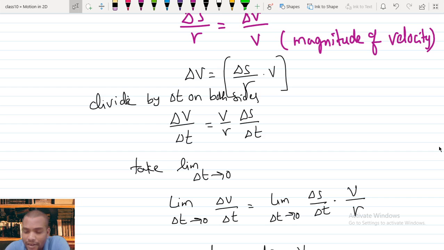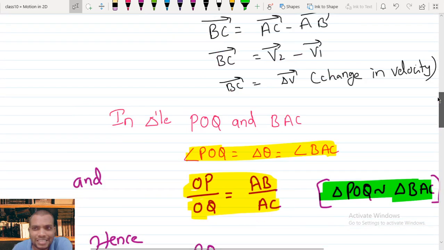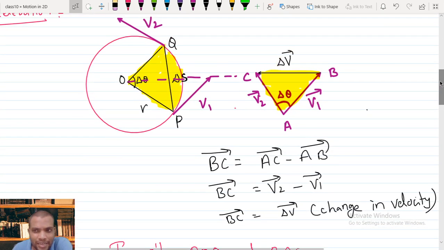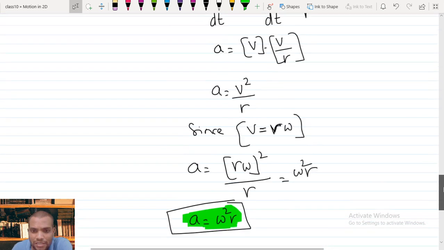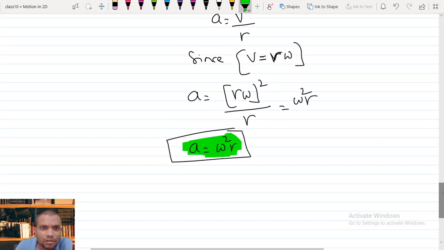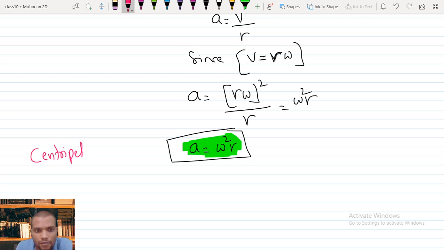As v1 and v2 are directed towards the center at point P, the acceleration always directs towards the center, and that is known as centripetal acceleration. Now this is the final expression for the magnitude of centripetal acceleration, and the direction is towards the center.